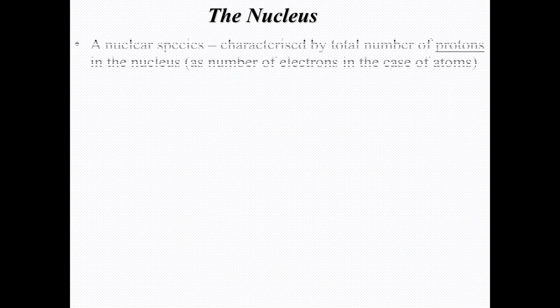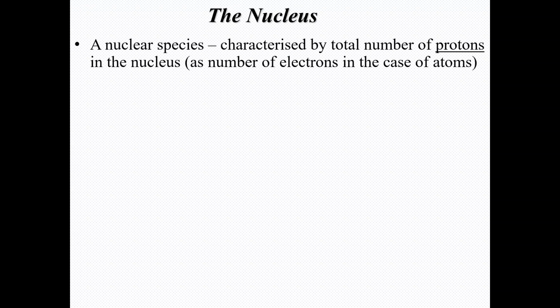First of all, the first terminology that we will discuss is the nucleus. A nuclear species is characterized by the total number of protons in the nucleus, just as the number of electrons characterizes the atom.